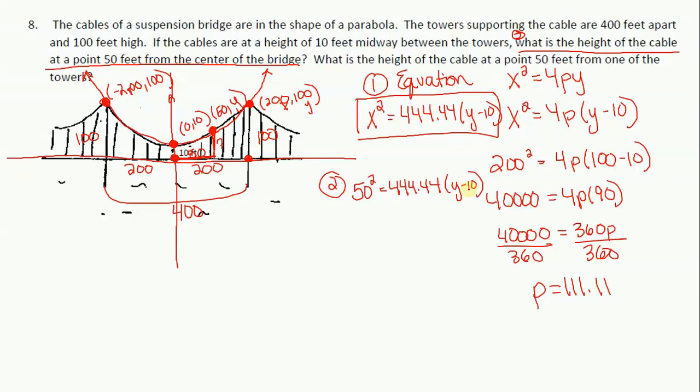So 50 squared, I know that is 2,500. That's equal to 444.44 times y minus 10. And divide by the 444 instead of distributing it in, kind of going against what we're normally doing.